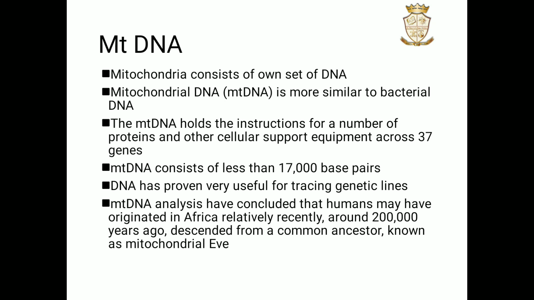So it is very significant for tracing genetic lines. This analysis has concluded that humans may have originated in Africa relatively recently, around 2 lakh years ago. So here we can find that there is a common ancestor that comes from Africa, and that particular ancient mother is known as mitochondrial Eve.